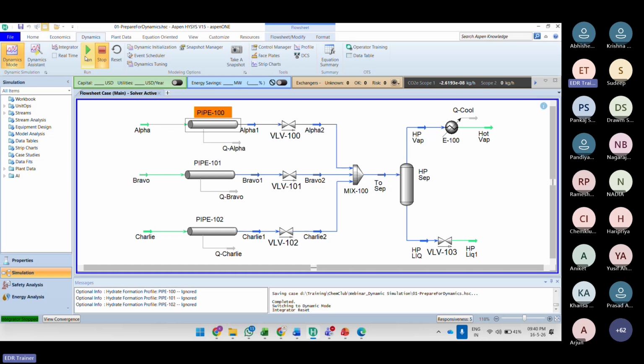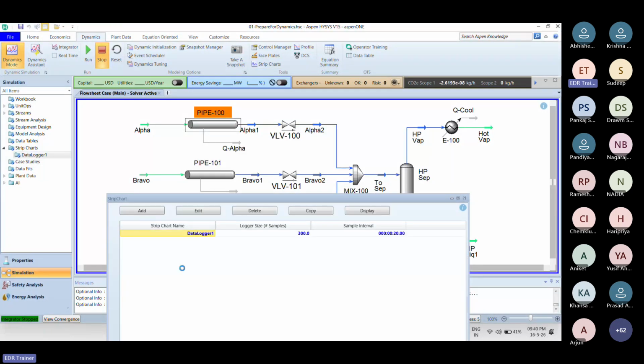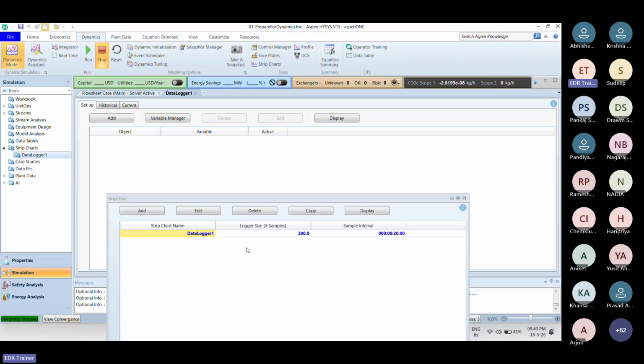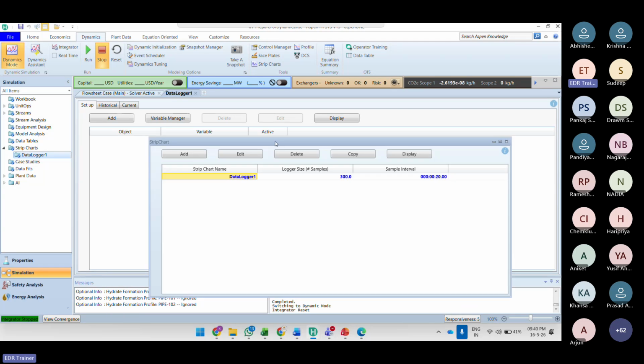If you start run, it will start running as a function of time and start showing you all the things. Another thing that needs to be seen here is the data logger.